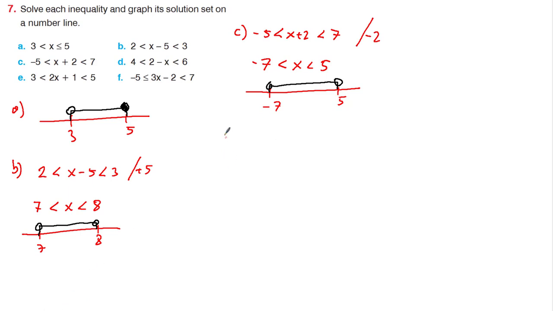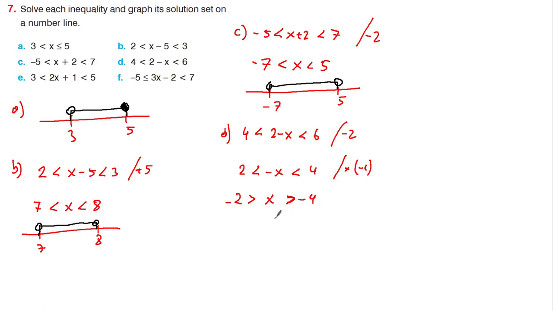Then under D, we have 4 is less than 2 minus x, less than 6. If we subtract 2 from all sides, we get 2 is less than negative x is less than 4. So negative x is between 2 and 4. Now if you multiply by negative 1, we get negative 2 is greater than x is greater than negative 4.